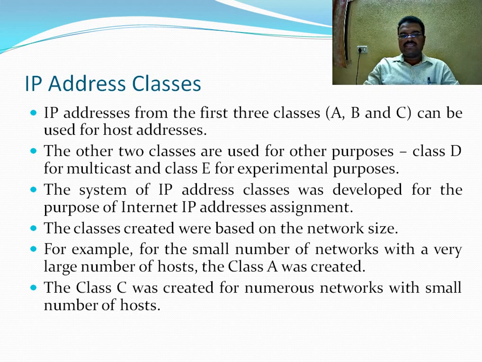Class C was created for numerous networks with a small number of hosts. So based on the requirement, if the number of hosts is high, we use Class A. If there is a huge number of networks, we use Class C.